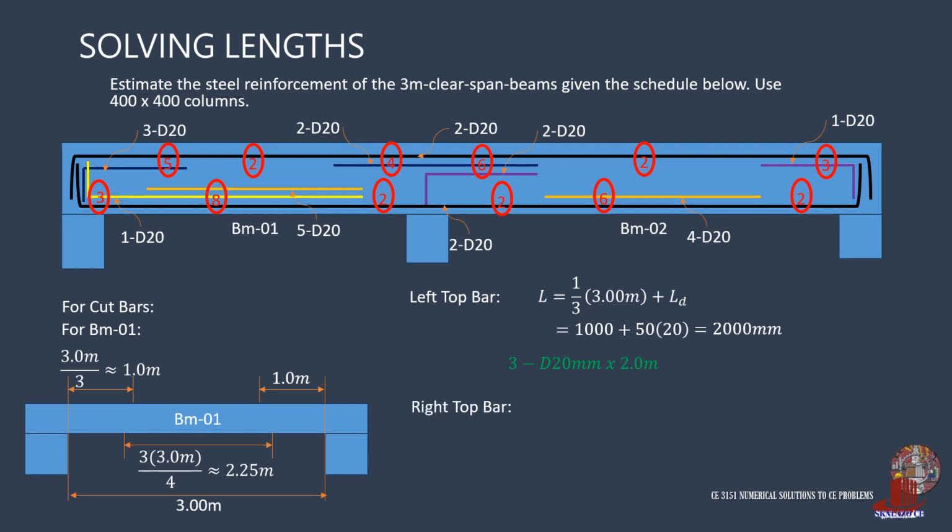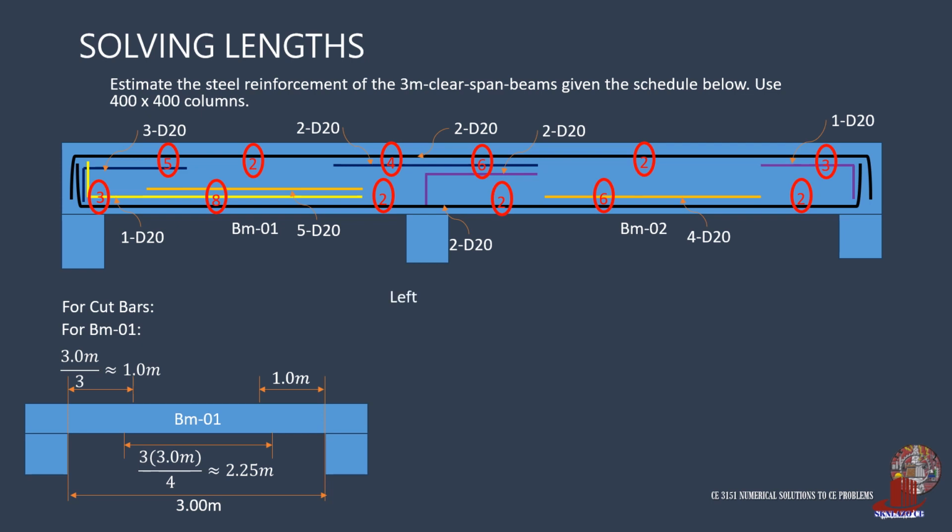For the right top support, the length is a third of 3 meters plus the width of the column with another third of the clear span from beam 2. That is taken as 1,000 mm plus 400 with another 1,000, which equals 2,400 mm. The estimate then becomes 3D20 by 2.4 meters.